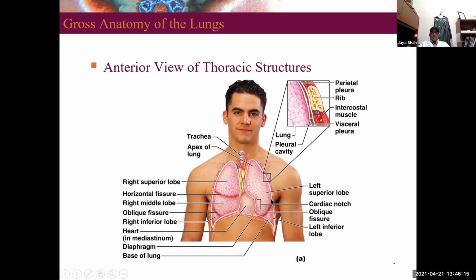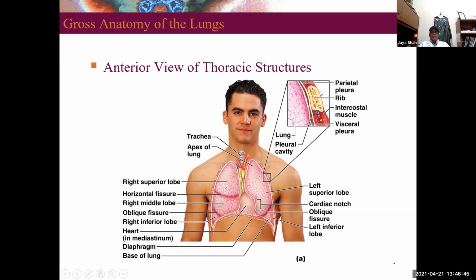The lungs are covered by pleura, then the ribs, then the muscles, then the skin. So if you see ribs, first rib, second, third, fourth, fifth, all the ribs here. The thoracic cavity wall is also supplied by blood vessels. Between the ribs there are intercostal muscles.